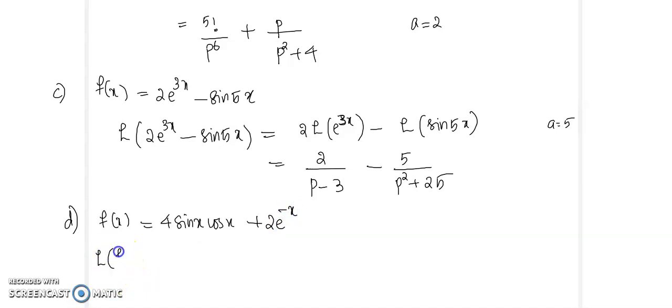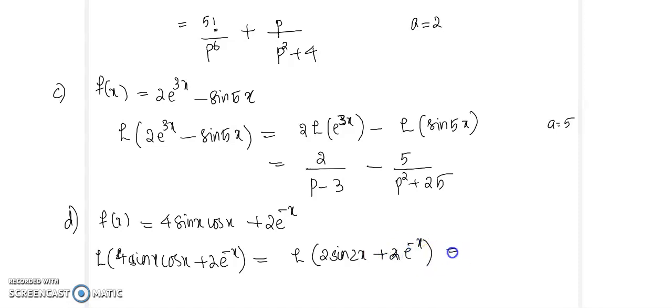When you take the Laplace transform of 4 sin x cos x plus 2 e raised to minus x, we can write 4 sin x cos x as 2 sin 2x. So that will be 2L of sin 2x plus 2L of e raised to minus x.